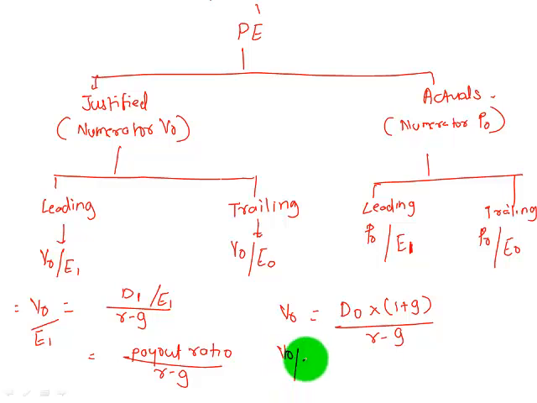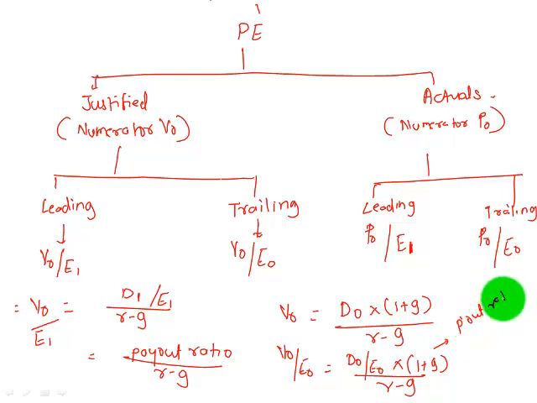So V0 divided by E0, D0 divided by E0, this I'm dividing with E0, into 1 plus G divided by R minus G, which means this is payout ratio into 1 plus G divided by R minus G. Okay, so when I wrote my exams, I never remembered these formulas because it's very easy to derive them.